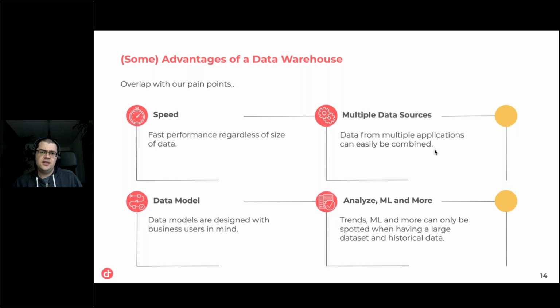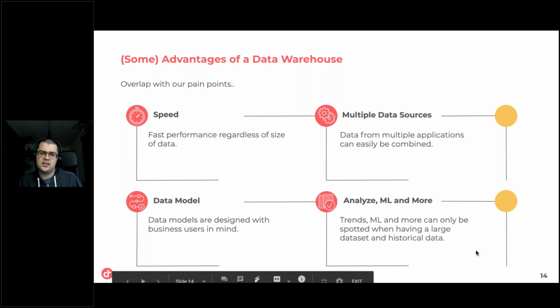Another big advantage is that you can combine multiple data sources. Many organizations now don't have just one application to report or do analytics from, they have multiple. With the data warehouse, you can combine data from multiple applications into one place where you do your analytics, reporting, visualizations, etc. from.